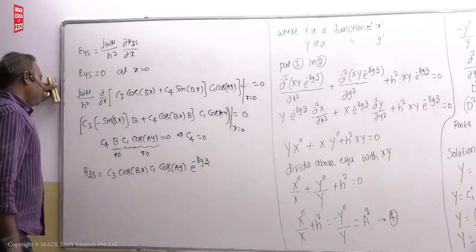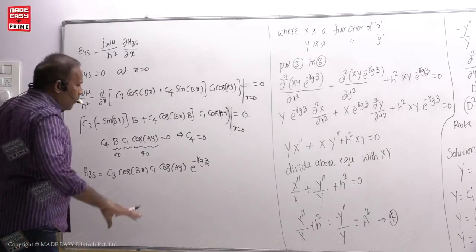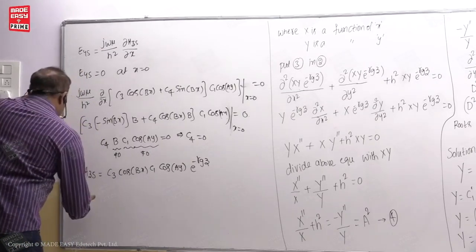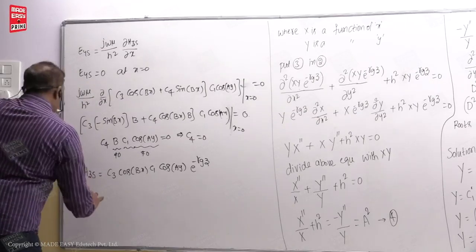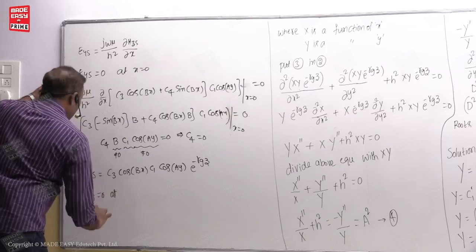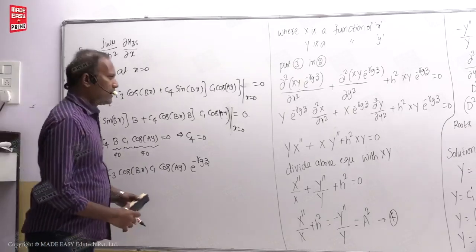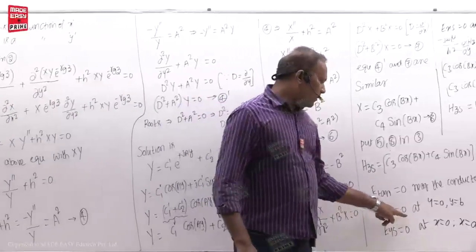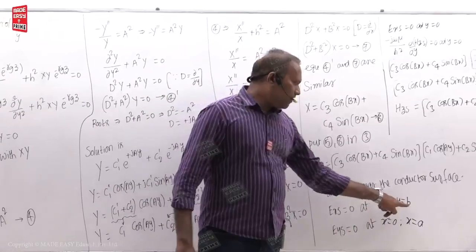Now once again, the electric field x component is equal to 0 at, you can see here, students, I wrote here the electric field x component is 0 at y is equal to b.